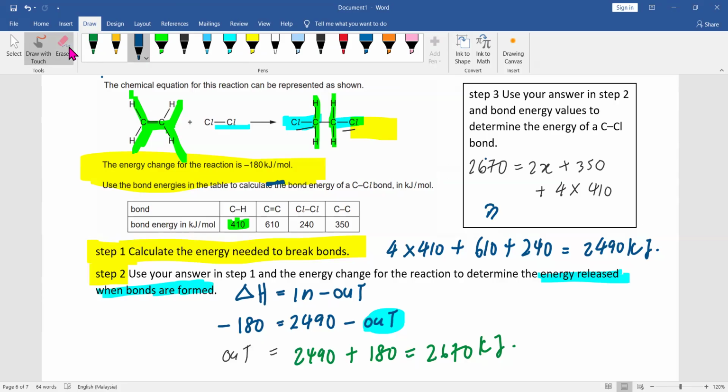Or did I count wrong? 2670 minus 350 minus 4 times 410, 680, divided by 2, 340. Correct, right? Didn't you get that? Okay, this one is algebra. This one I can help you.